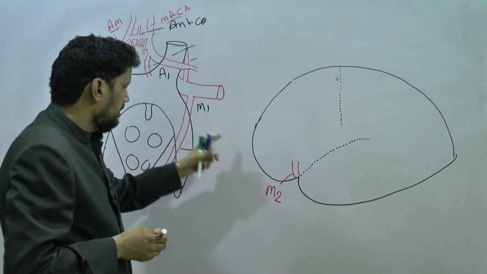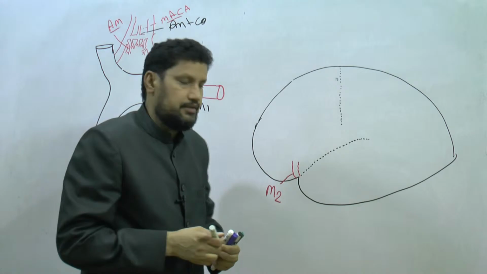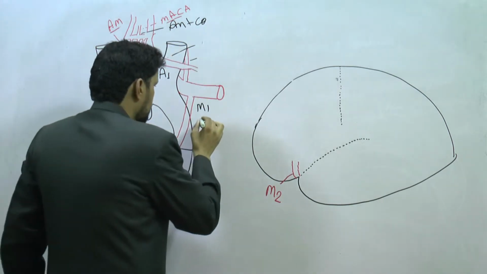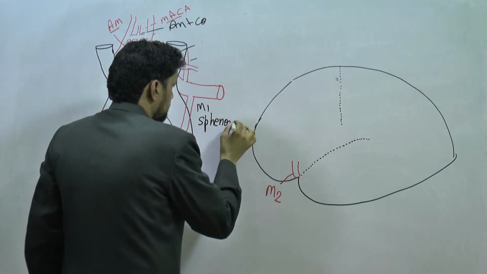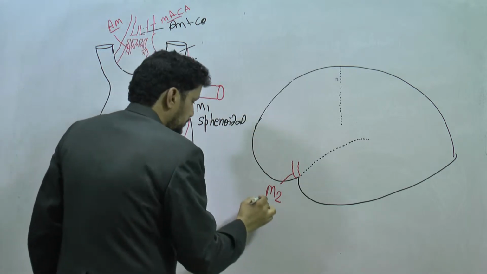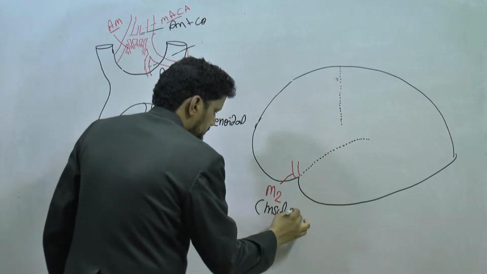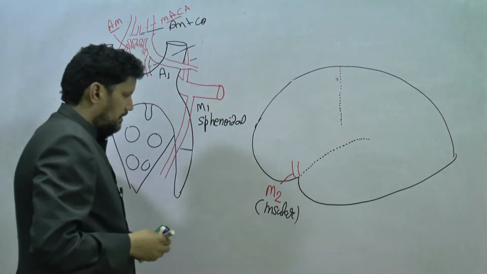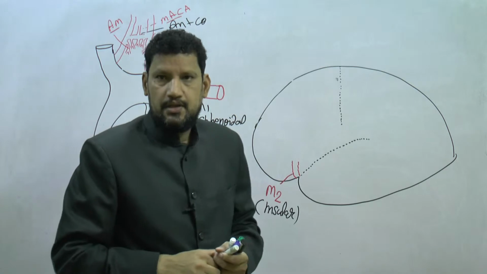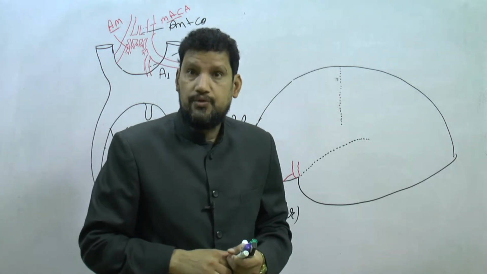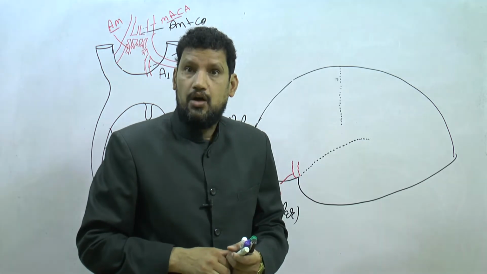So M1 and M2. M1 is also known as sphenoidal, and M2 is also known as insular. M3 is the segment which is coming out from the lateral fissure, and that is known as M3 or opercular.